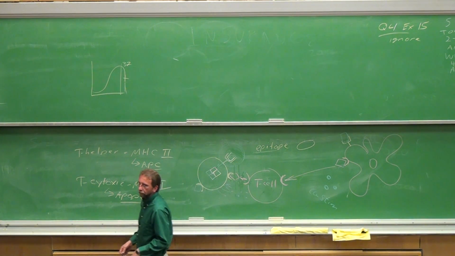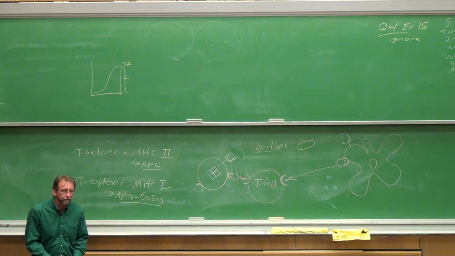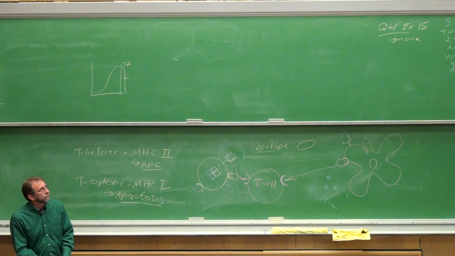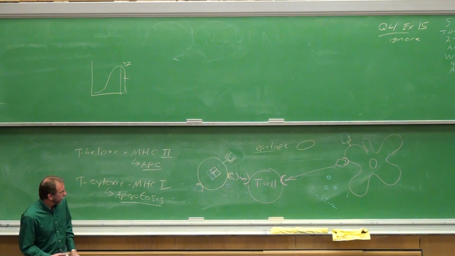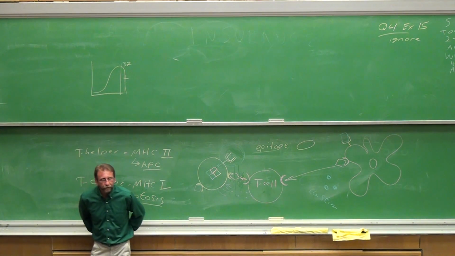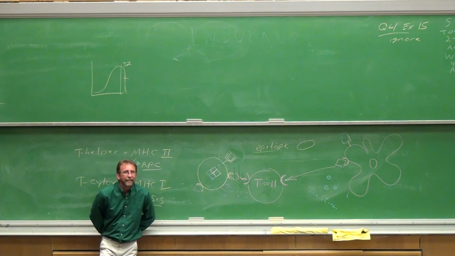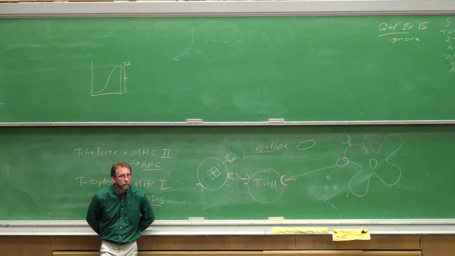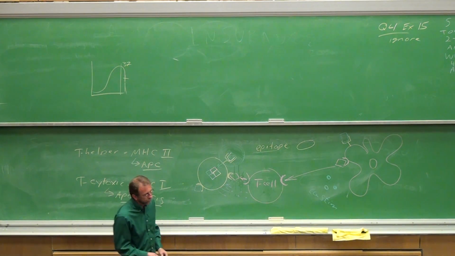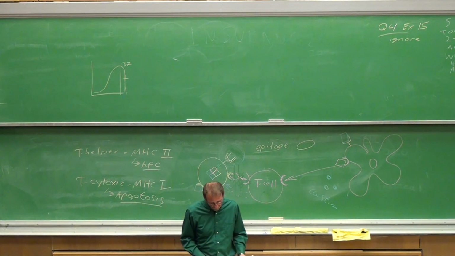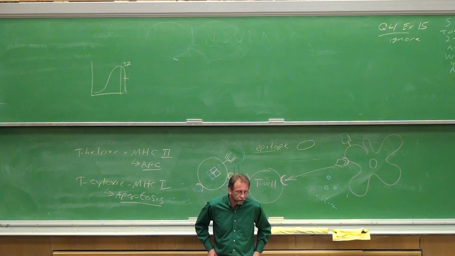Which brings us to selection of T cells and B cells. Remember that they are produced in the bone marrow. All white blood cells are produced in the bone marrow. And the B cells mature there. In the bone marrow, they undergo negative selection.